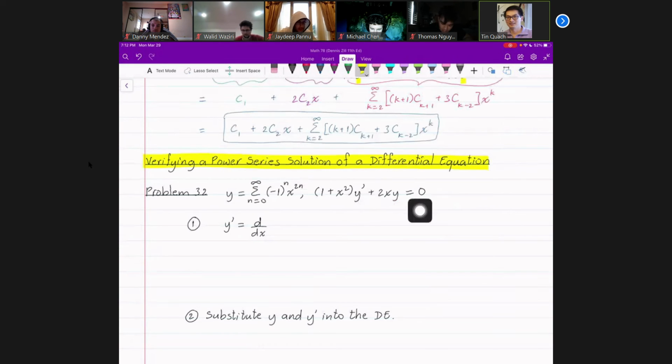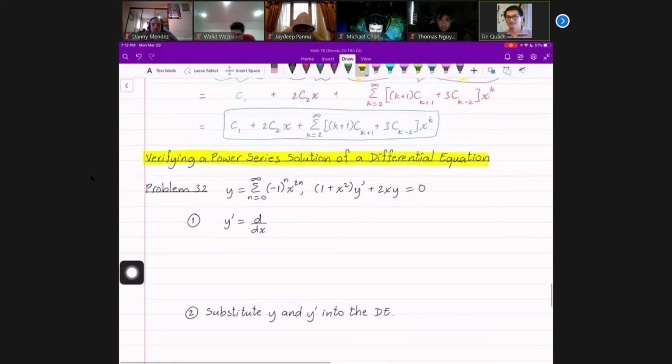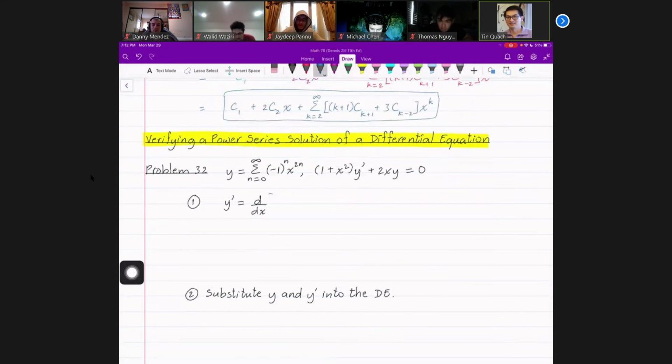But before we do that, the first step is to find all the derivatives so you can plug them in. So here is y. y prime is the derivative of that power series. And from calculus 1, you know the derivative of a sum is equal to the sum of the derivatives.